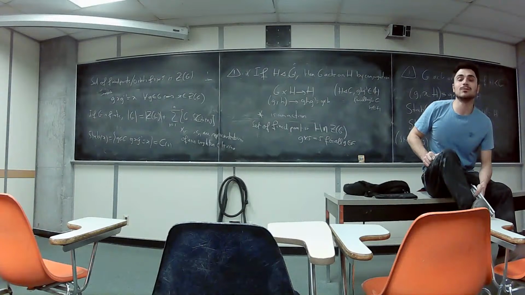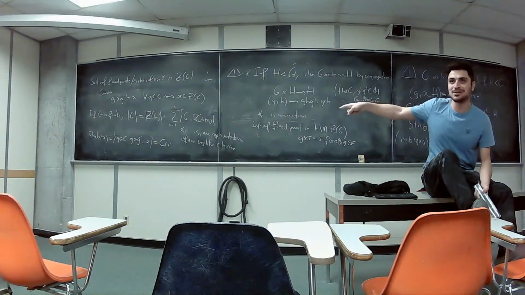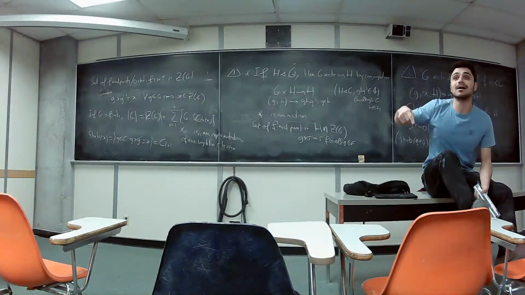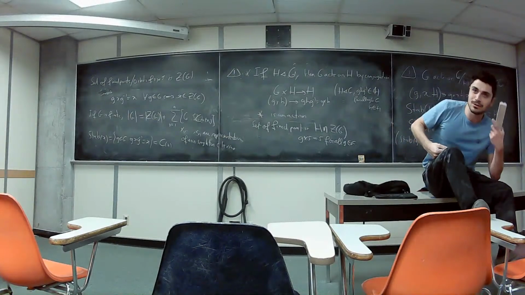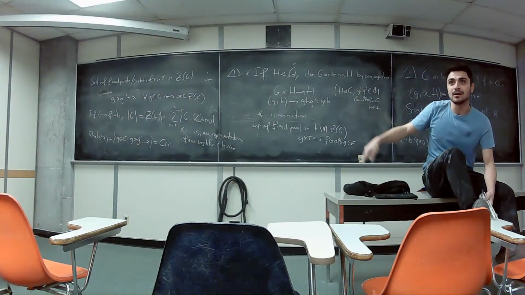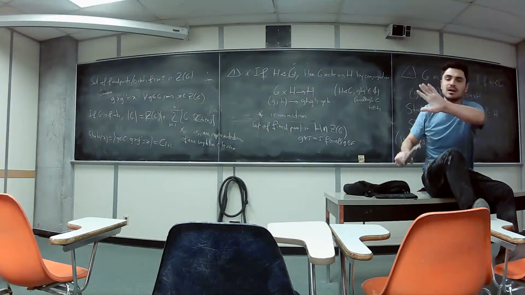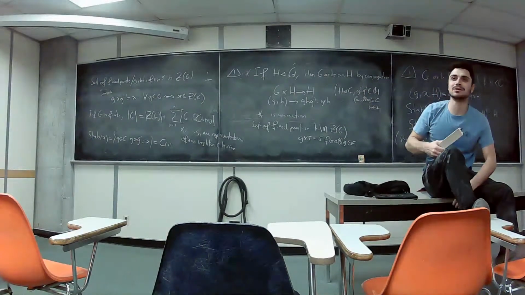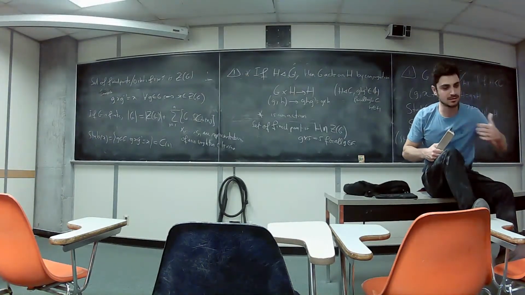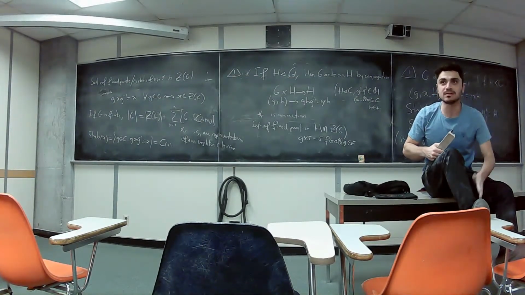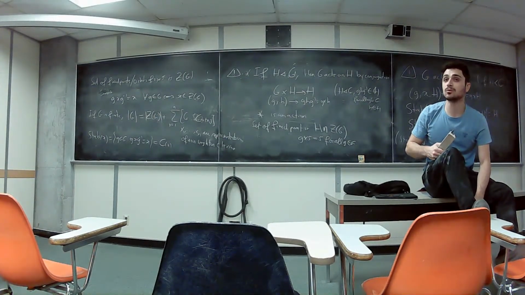Conjugacy classes. Very good, but we applied it to elements, right? Let's forget about that in general. What is the action that is important? If I have a subgroup, what can I do with it?